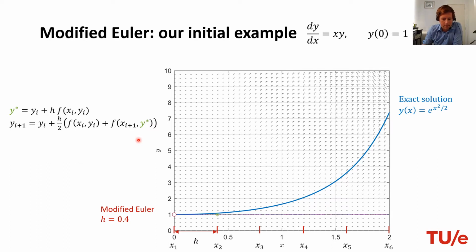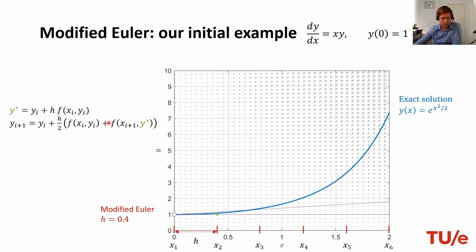So first we take our first step. So that is this kind of Euler step. So we evaluate the slope at the current solution, and we extrapolate that outwards over a distance of h, so to 0.4. And that leads us to this star symbol, which is located at x_{i+1} and y star. And now using this star value over here, that is the exact point where we will again evaluate the function.